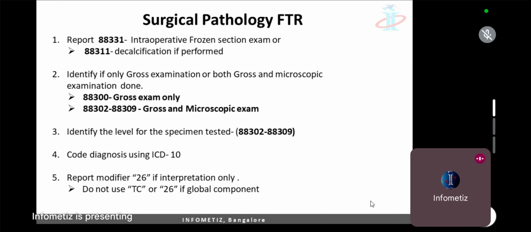Fourth, we can report the 26 modifier because here also we have who will prepare the sample. The slide preparation, the doctor will not do. The doctor will just examine. All the procedure was carried out by the technician. 26 modifier, I told you in the medicine chapter.